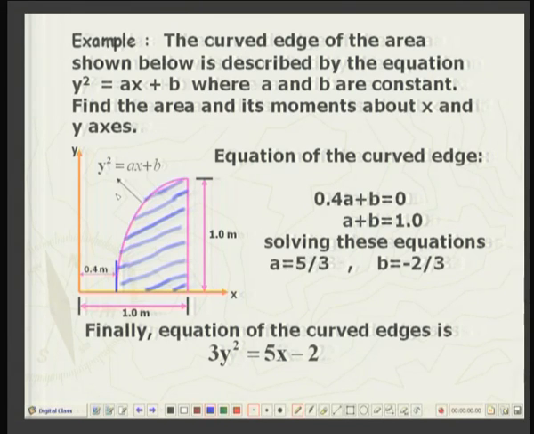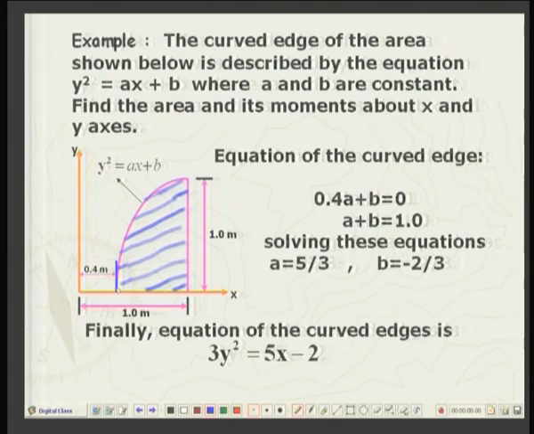Now, it is also told to us that this curved side is passing through a point on the x axis at a distance 0.4 meters from the origin, and also it is intersecting the height at 1 meter, along a line at a distance of 1 meter along the x axis.